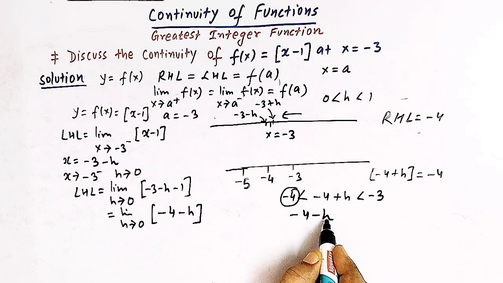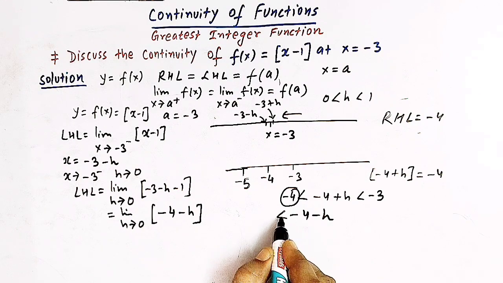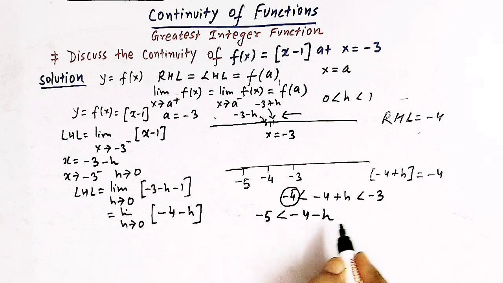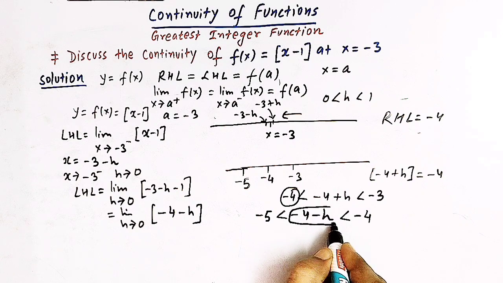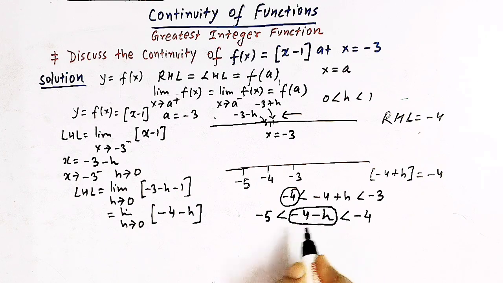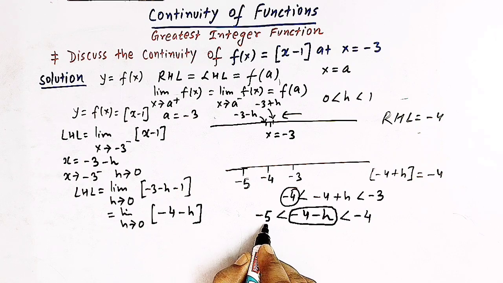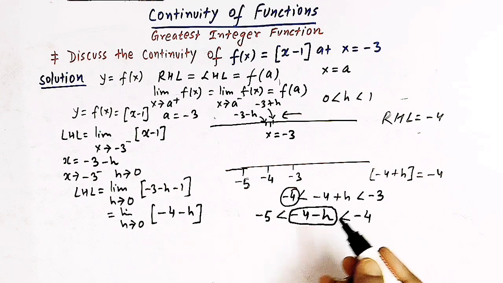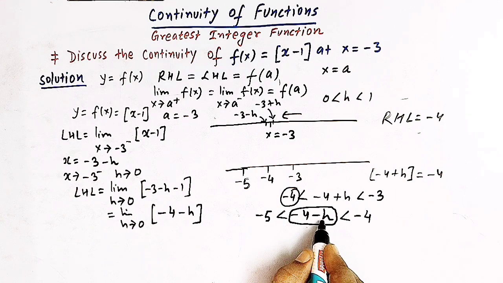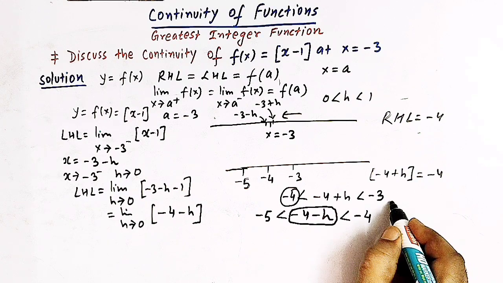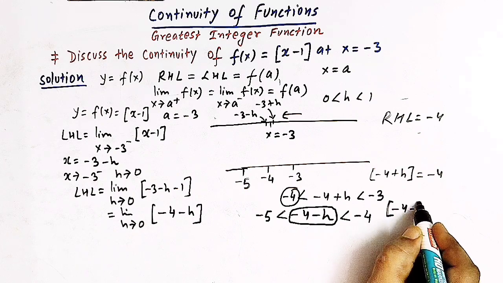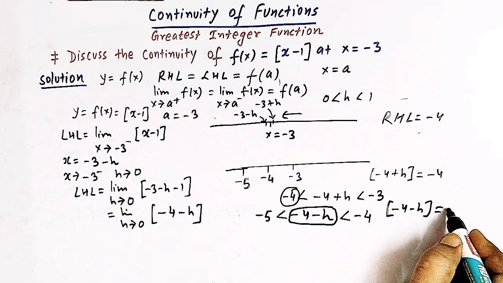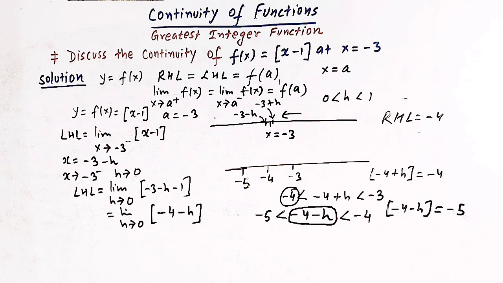So minus 4 minus h is greater than minus 5, but it is less than minus 4. So minus 4 minus h is lying between minus 5 and minus 4, and by definition of the greatest integer function, the greatest integer of minus 4 minus h is equal to minus 5.